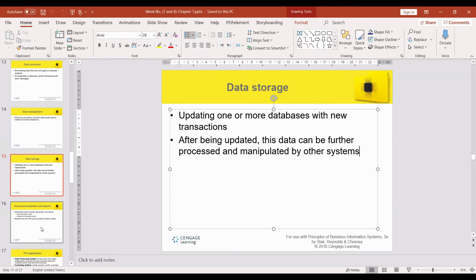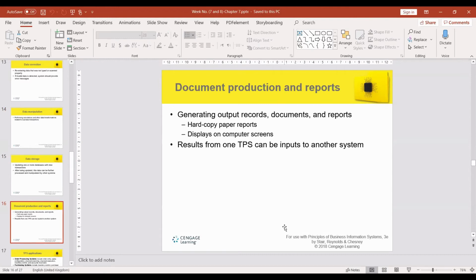After storing data, then you have the overall document production and reports. In the end, we need different types of documents and reports. So generating output records, documents, reports like hard copy paper reports, display on computer screen, results from one TPS can be input to another TPS.